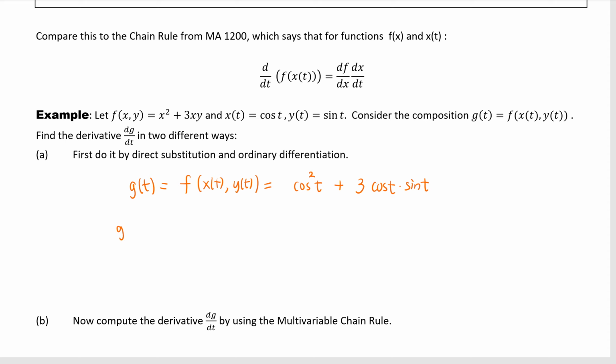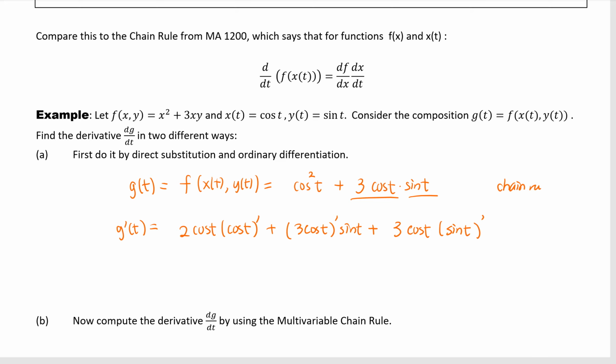Okay, so now what is the derivative? Well, derivative of cosine squared, chain rule, 2 cosine t, and then the derivative of cosine t. And then next is the product rule. So 3 cosine t prime sine t plus 3 cosine t times sine t prime. Okay, so I hope you're fine.